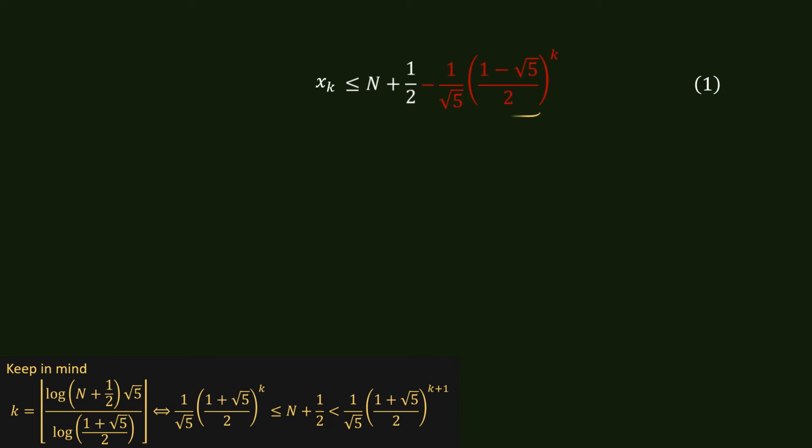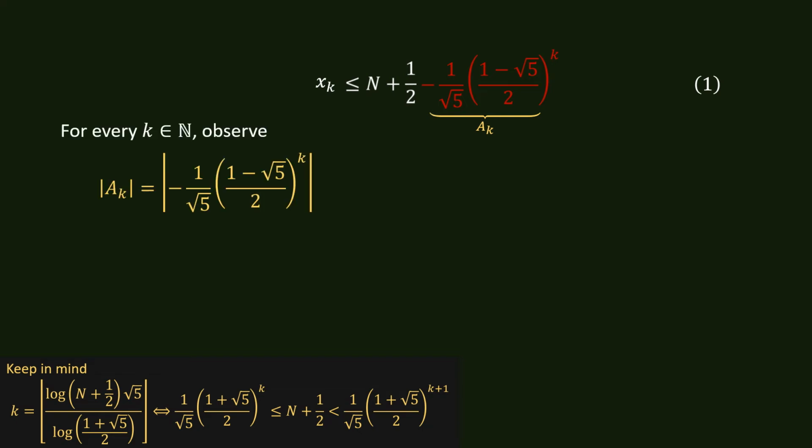Next, let's focus on this red quantity and name it ak. The absolute value of ak is equal to this one. Since 1 over square root of 5 is less than half and the other factor is less than 1, we have the absolute value of ak is less than half.